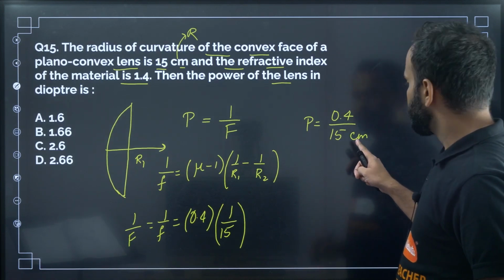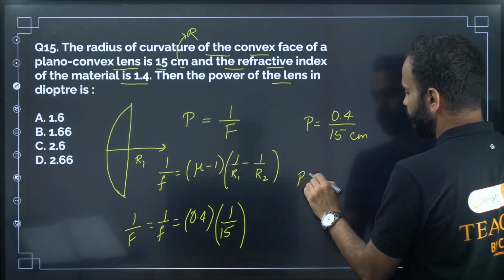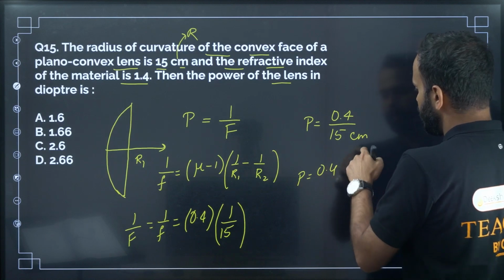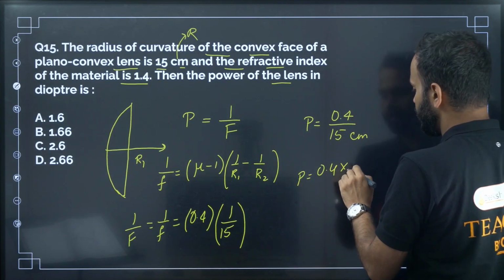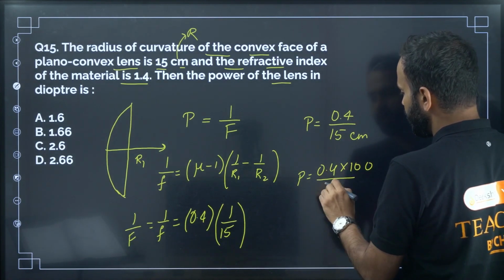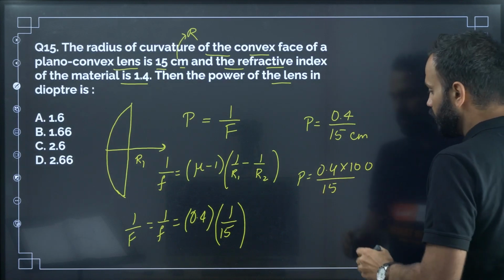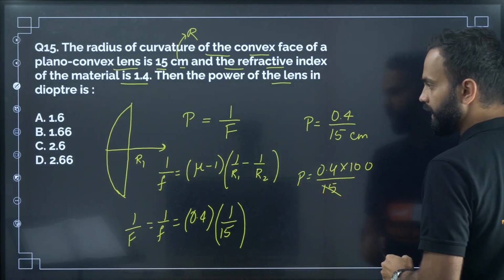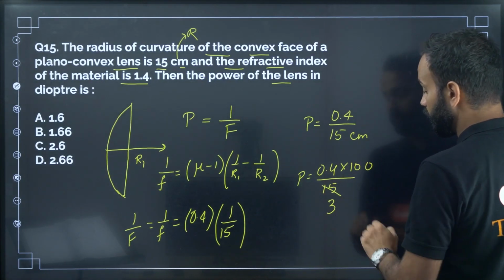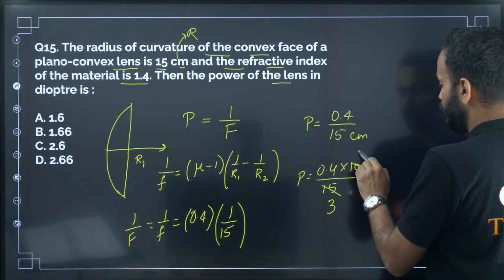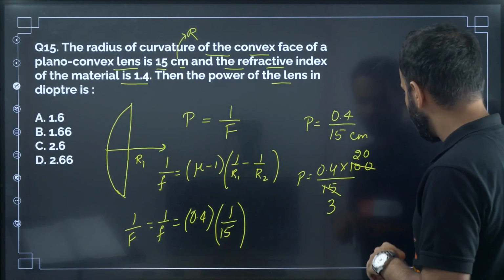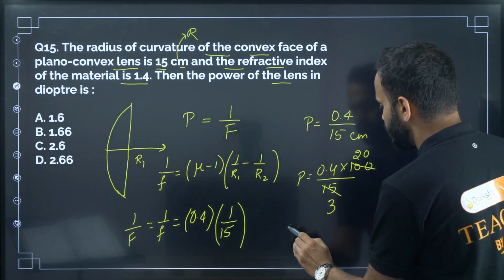Centimeter is 10 to the power minus 2, right? So P equal to 0.4, and 1 by 10 to the power minus 2 is 100, so 100 divided by 15. 5 3s are 15, 5 20s are 100.